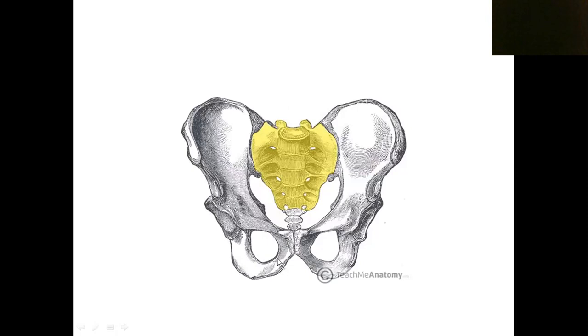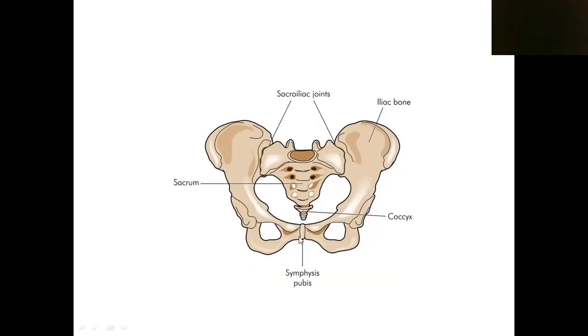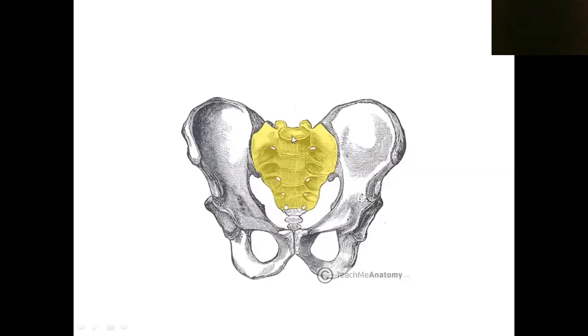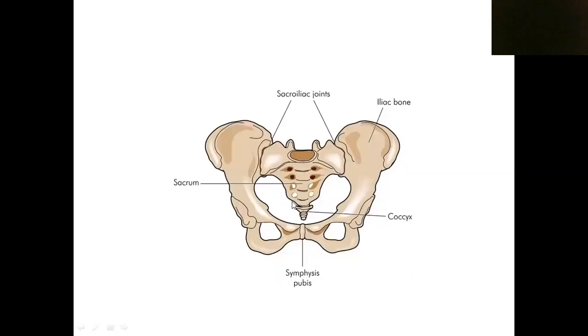See here, it is very clear: oval shaped in males and triangular in females. Then another important point: the anteroposterior diameter is more than the transverse diameter in males. This diameter, from anterior to posterior, is more in males. But in females, the transverse diameter is more than the anteroposterior diameter.